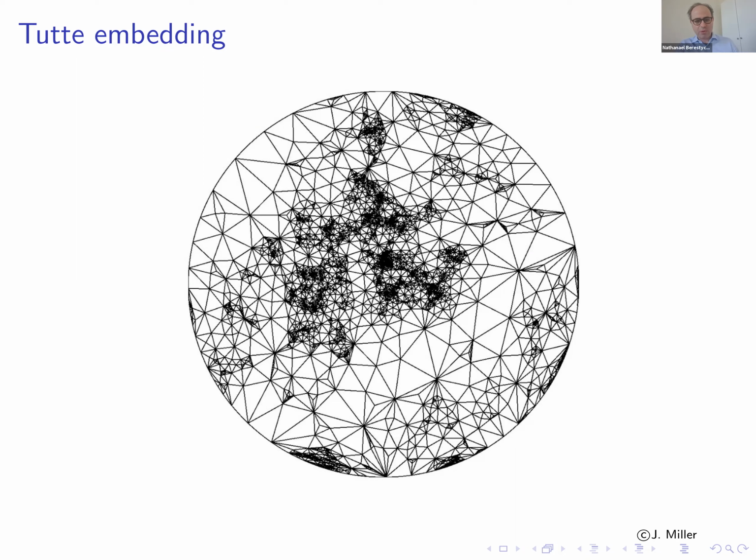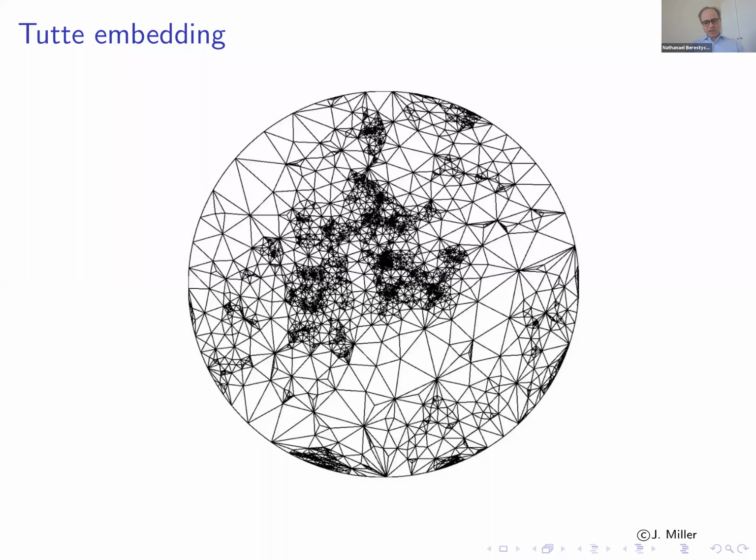Now, what is quite remarkable, and what Tutte proved about this, is that if you also draw the edges of the graph in a straight line manner, using straight edges, it turns out that you get a planar realization of your graph. That's not at all trivial, and that's the content of the theorem. The edges can be parallel to one another, but they cannot cross one another. And so this will be a planar realization of your graph.